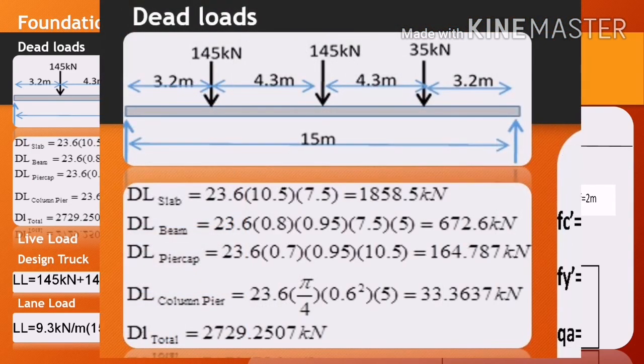For the dead load of slab, it is equal to 23.6 times 10.5 times 7.5 is equal to 1,858.5 kilonewton. For the dead load of beam, it is equal to 23.6 times 0.8 times 0.95 times 7.5 times 5 is equal to 672.6 kilonewton.